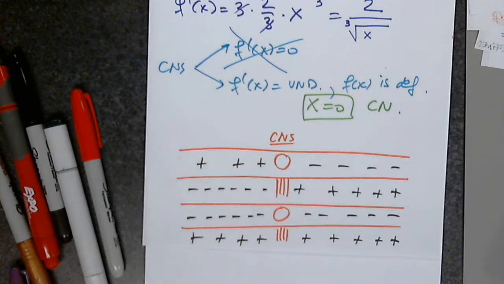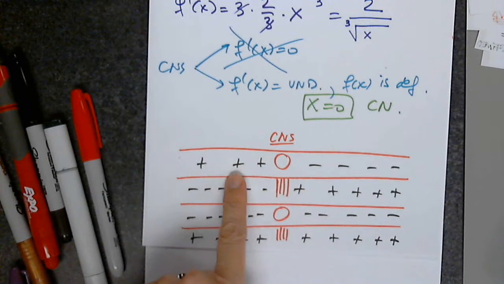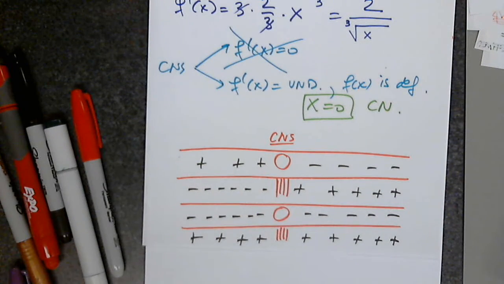And on the left-hand side, the derivative, the slope of the tangent line to the graph, is positive. On the other side, on the right-hand side, the slope of the tangent line to the graph of this function is negative. What kind of point is this? It is a max.